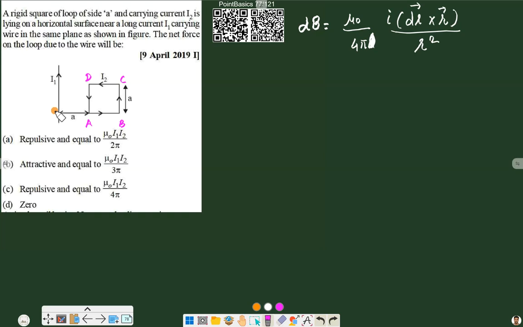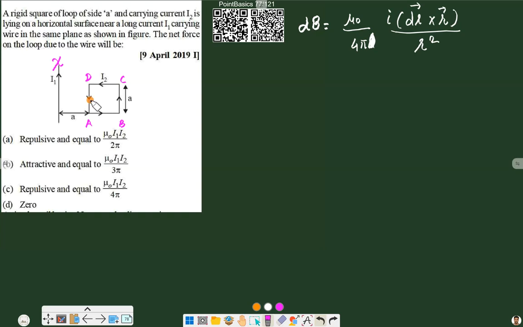Let's say this is conductor X. Conductor X and conductor AD are parallel conductors with current flowing in the opposite direction, so they will repel each other. And conductor X and conductor CD are parallel conductors with current flowing in the same direction, meaning they will attract each other.